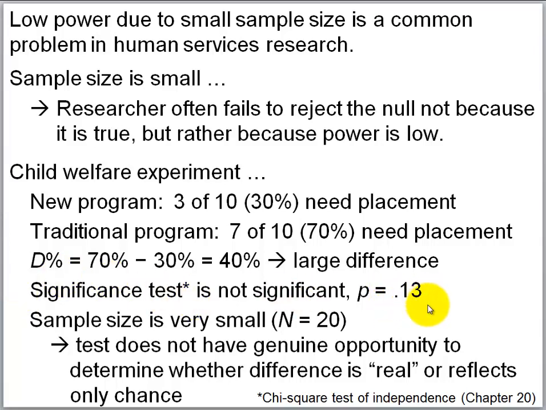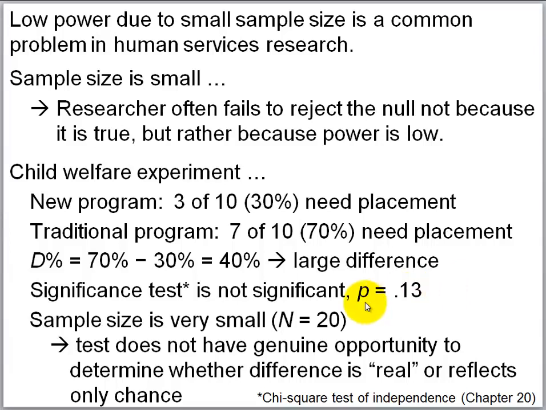So in other words, given a true null, the probability of getting this particular difference, or an even larger difference, and the true null would in essence state that the two programs have the same percentages needing placement. So the probability connected with the test comes out to be greater than 0.05, so we don't reject the null.